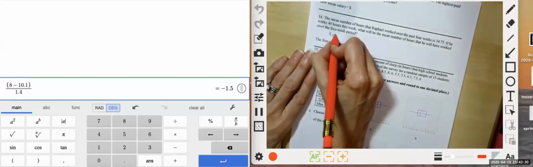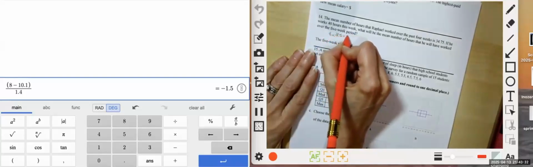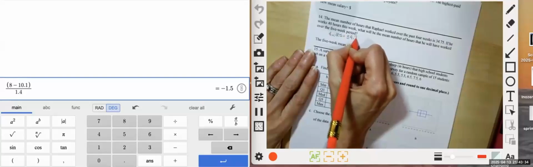So 4 weeks is 34.75. If he works 40 hours this week, what will be his mean? So what are you thinking about on this one? Any thoughts?